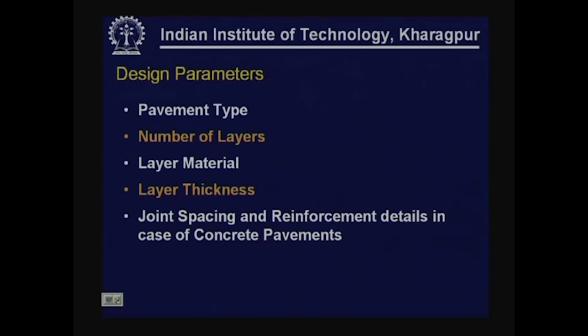Having selected a pavement type, how many layers are going to be provided, what is the material to be used in each layer, and what is the thickness of each layer? If we are talking about concrete pavements, what is the joint spacing, what types of joints, whether it is reinforced or unreinforced. Similarly, various other design parameters are to be selected depending on the pavement structure that we are referring to.